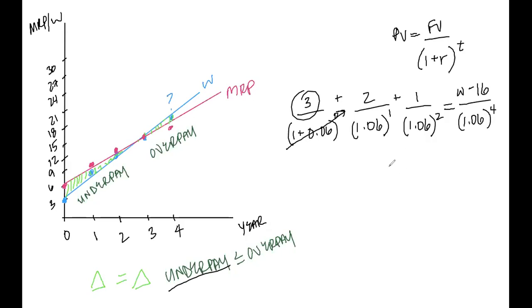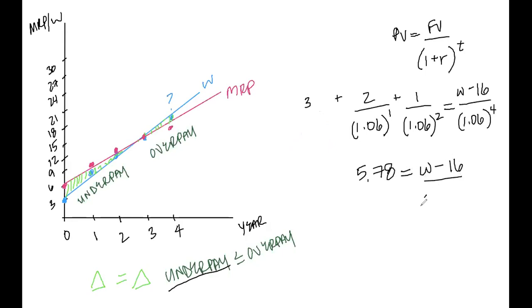So simplifying this all down. Remember, this is only 3 now. So this entire left side I got out to be 5.78. And then I'm still going to leave the right side untouched.